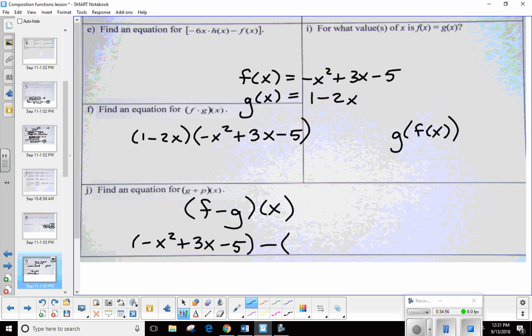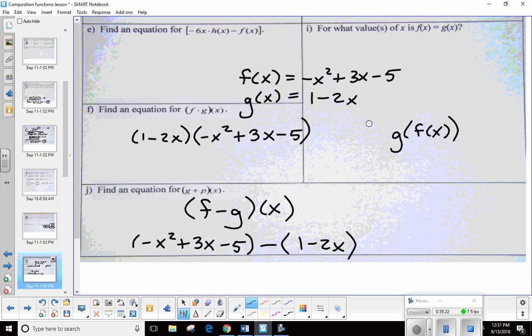And I always recommend when you're subtracting, put the expression in parentheses to help you remember you have to do what? Distribute the negative, because you're subtracting each of the terms. 1 minus 2x. Okay. That's the only thing. And it just comes down to our normal foundation skills. Adding and subtracting like terms, multiplying, all that good stuff.